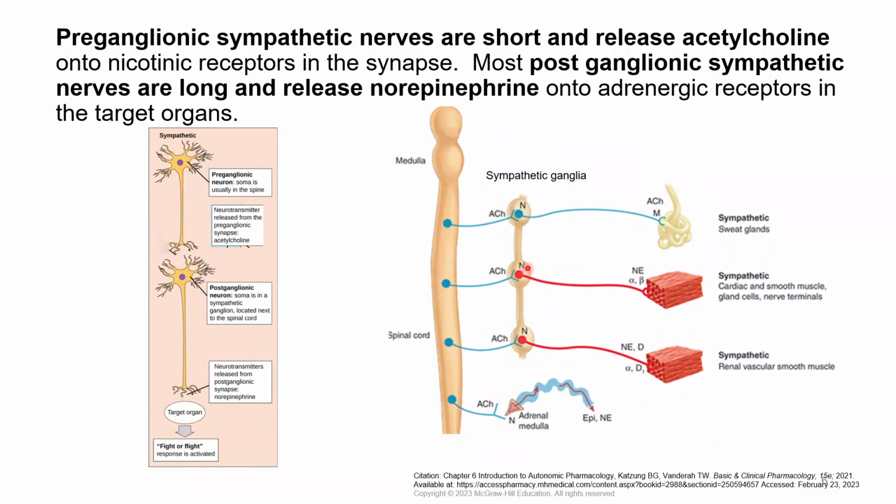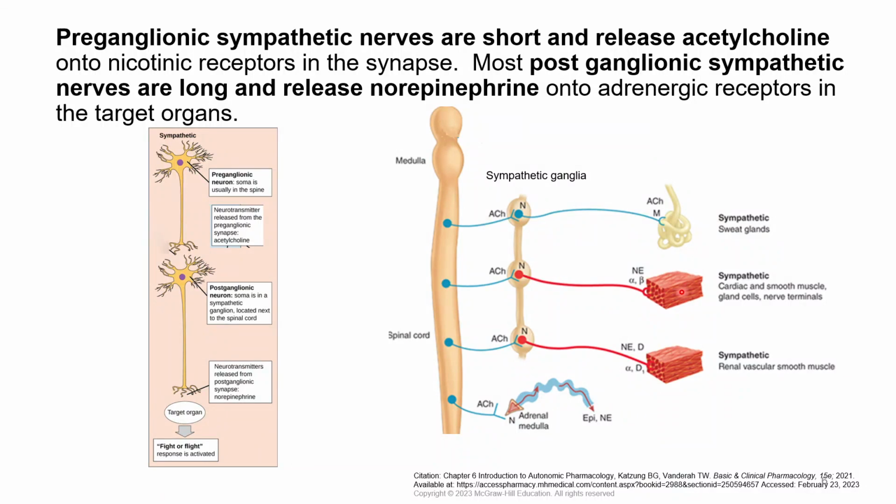Remember, the N is representing it's a nicotinic receptor. So the acetylcholine is released into the synaptic cleft, and that's going to stimulate the nicotinic receptor in the ganglion on the postsynaptic neuron's axon, which extends out to the target organ.